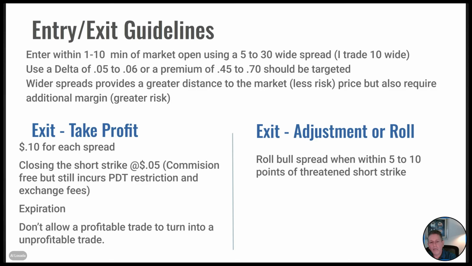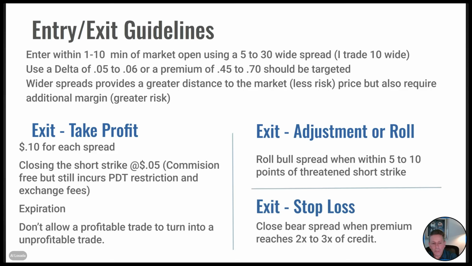With the put side, I generally let it go, and very, very rarely will the market go low, but it's happened to me. Again, you can adjust these trades, and I'll talk about that.